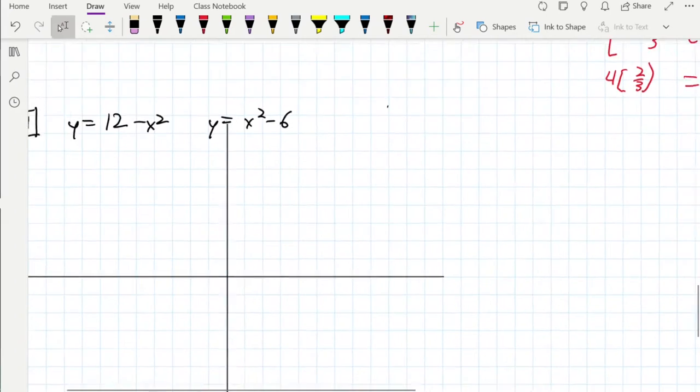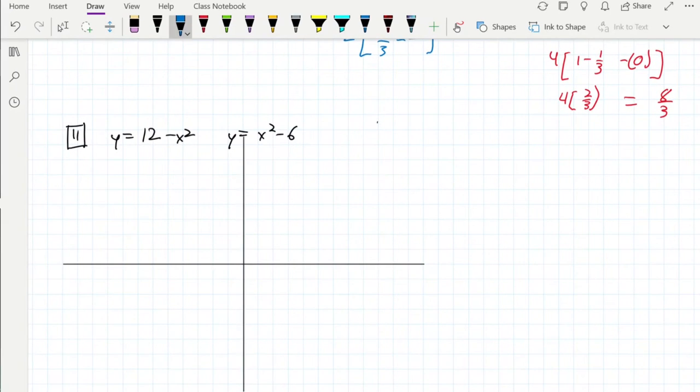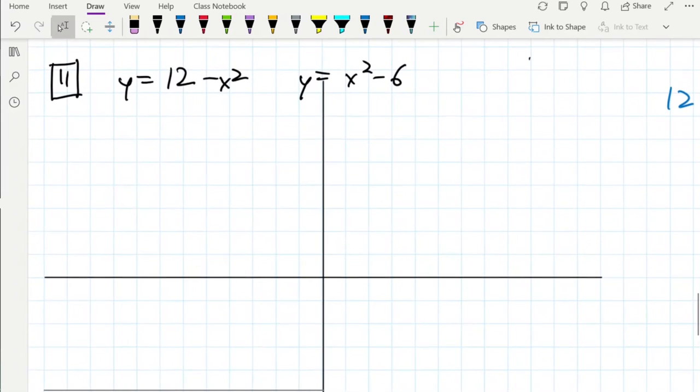Okay, so I'm going to set them equal to each other. So 12 minus x squared is going to equal x squared minus 6, but I can solve that in a second. Let me just check. Okay, never mind. Solve that out.